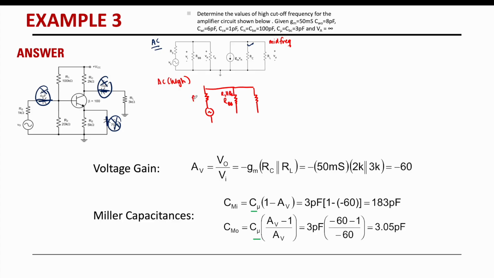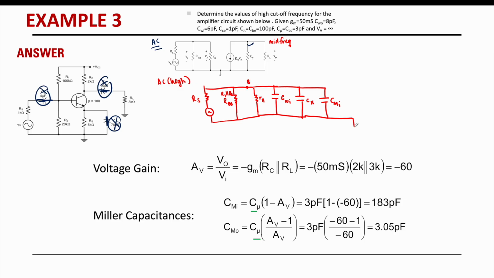This is your RS, this is your R pi. And don't forget we have CWI, the input wiring capacitance, and then what else? C pi or CBE. And then we have CMI. Okay, so we finish at our base.